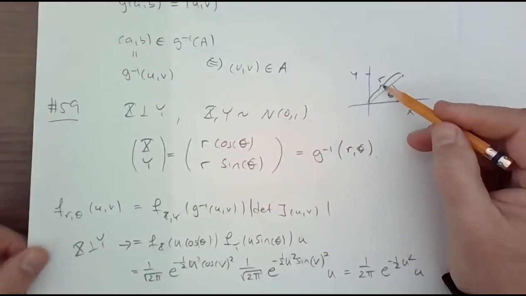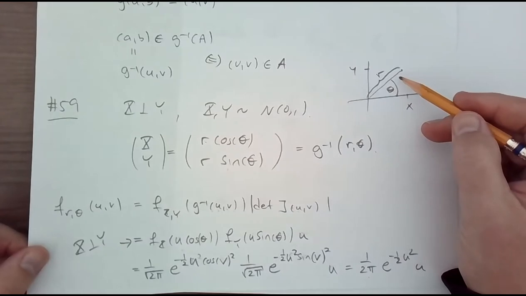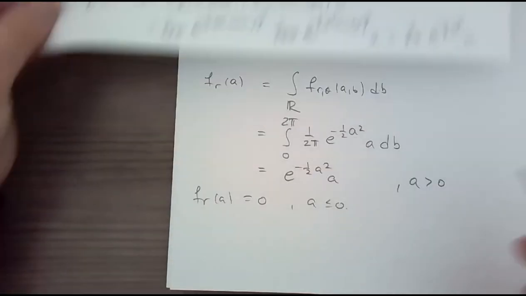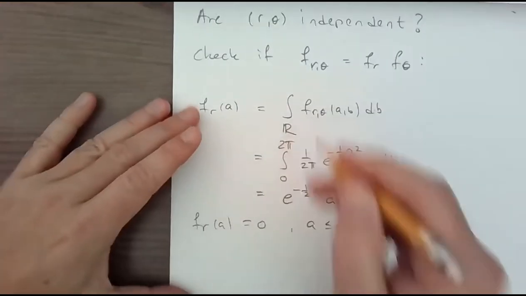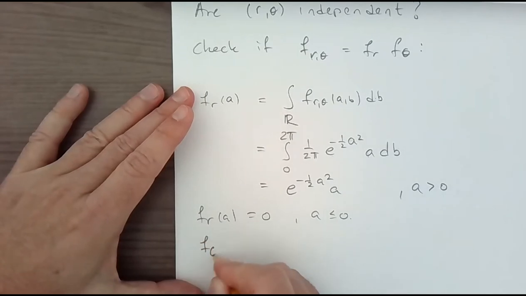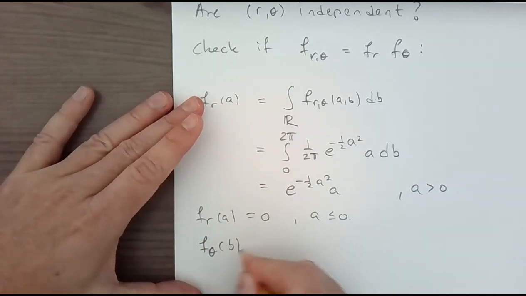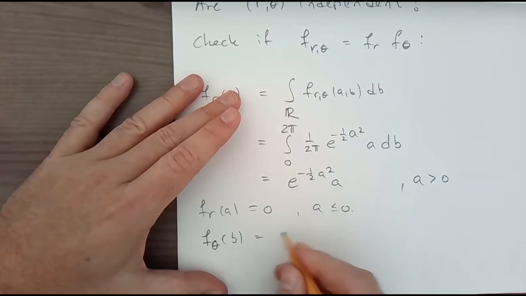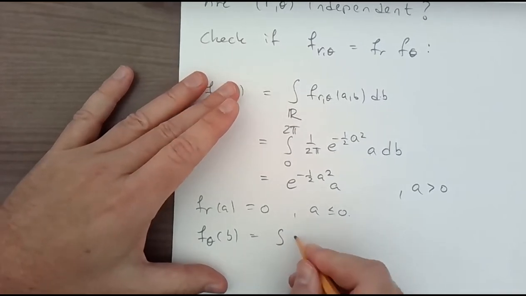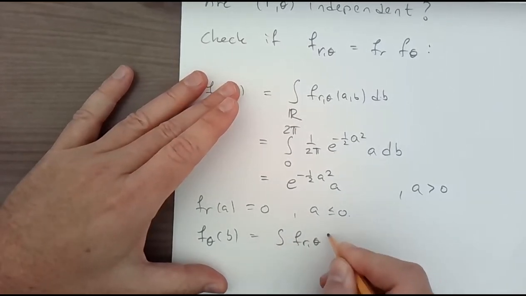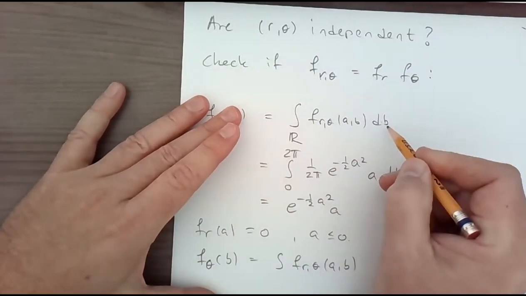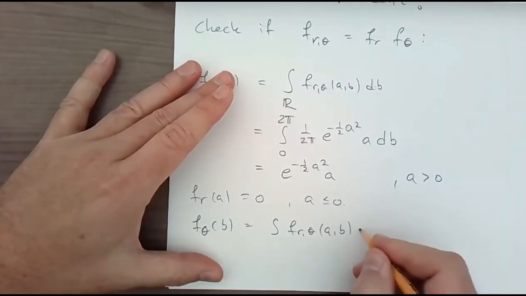That's because the length of a vector is always positive. And then I do the same thing for the other one. So f theta evaluated at b is going to be an integral over r of the joint density. But this time I need to integrate with respect to the other variable, with respect to da.